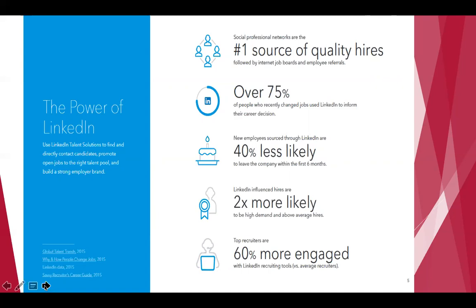The other thing I'd like to really point out is that the top recruiters are 60% more engaged with LinkedIn recruiting tools versus average recruiters. So you want to work with the top recruiters. You want to get picked up. You want to be found. You want to be noticed. You want to be engaging with the wholesaler, as we call them, right? Top recruiters are wholesalers. They hold a lot of contacts. So, hey, why not?